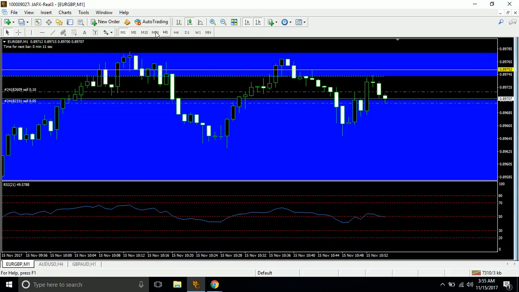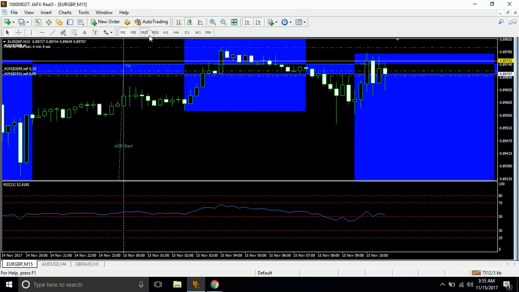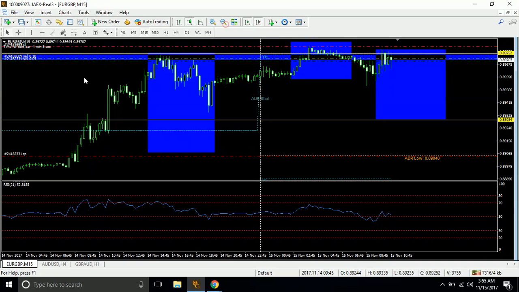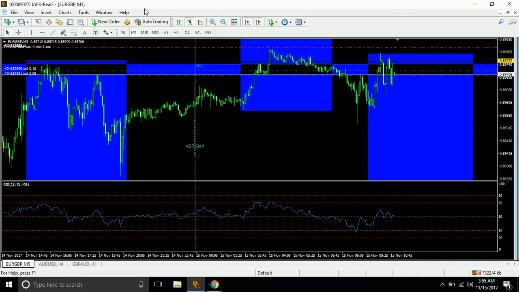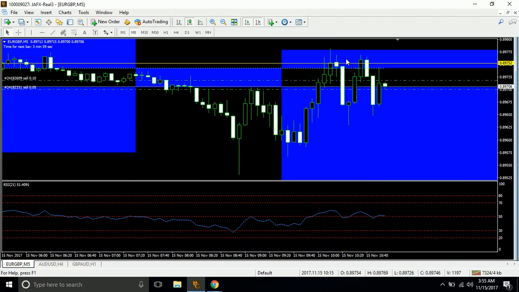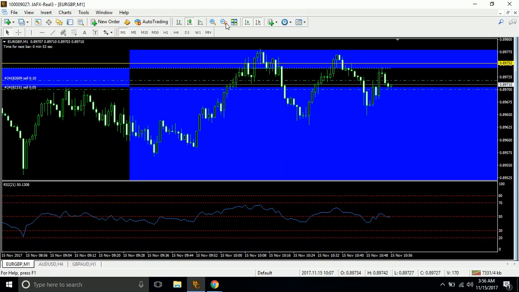Okay, now notice how we had a triple top on the 15 over 3 sessions. We can clearly see the triple top on the 5 minute over the 3 sessions. We have a double top here in the current session on the 5 minute and a triple top on the 1 minute.